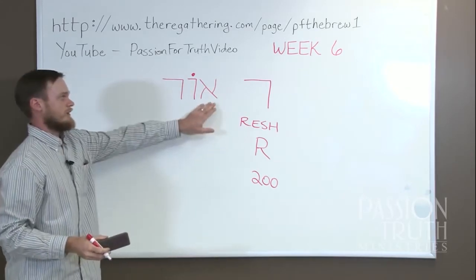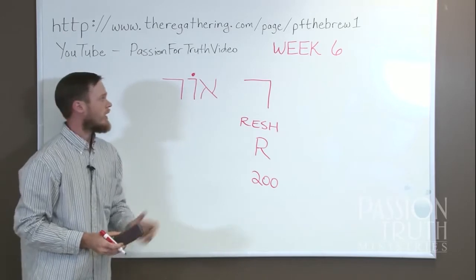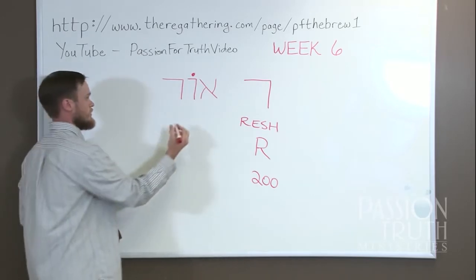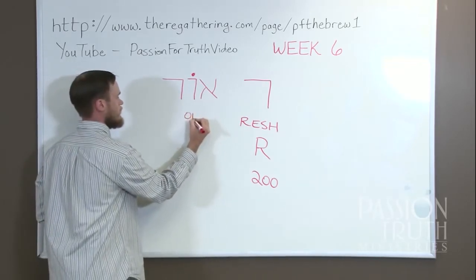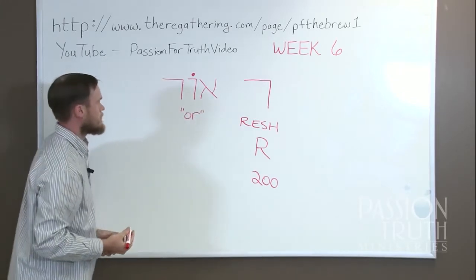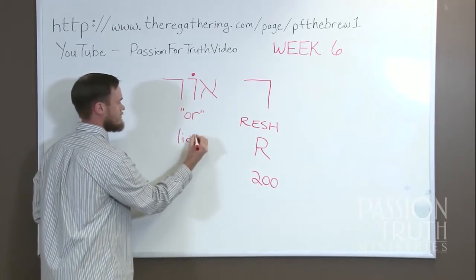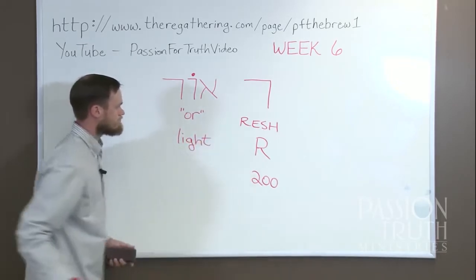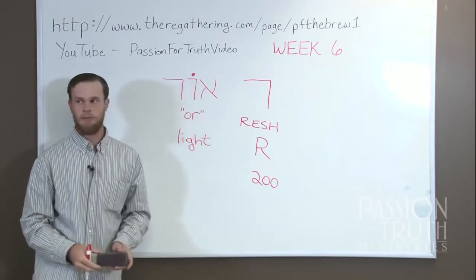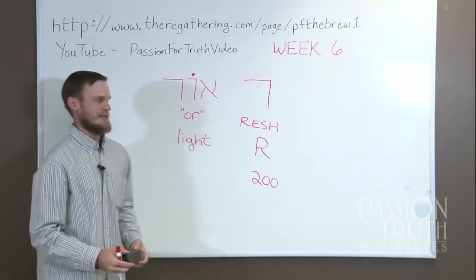So the aleph is silent. Vav with a cholam is a long O sound. The resh is an R, so this would be pronounced or. And or means light. Okay, so let there be light. Yehi or, the phrase in Hebrew.